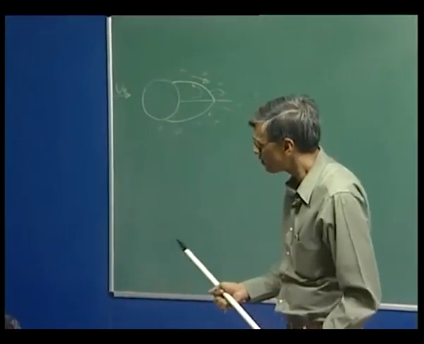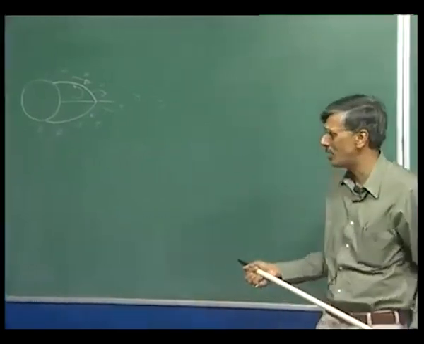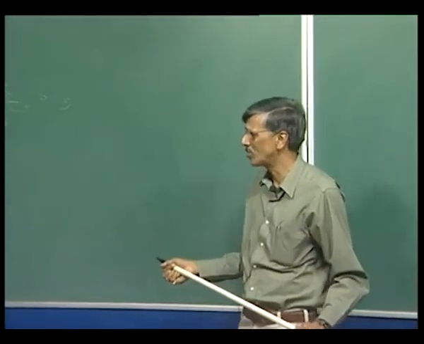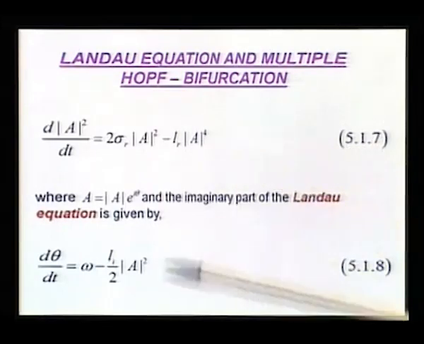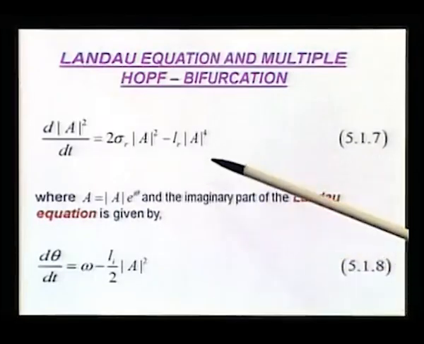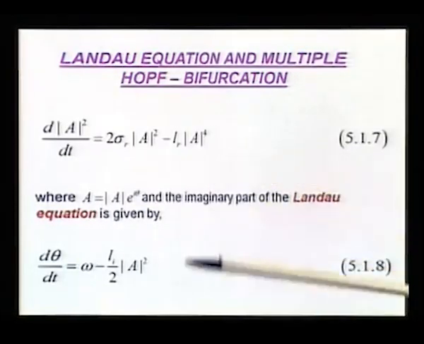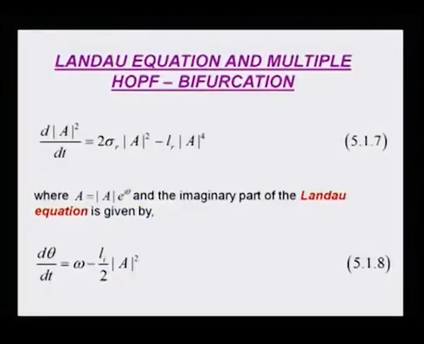Now, when you do have Karman vortex shedding, to explain that, in the last class we talked about the development of the Landau equation, and this was the evolution equation for the amplitude, and this is the evolution equation for the phase angle.